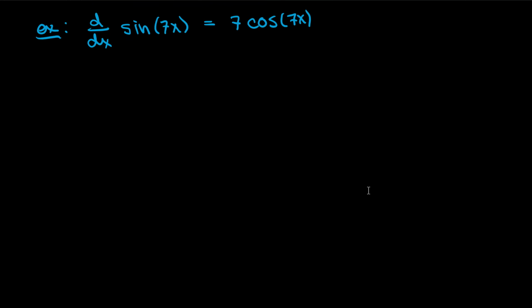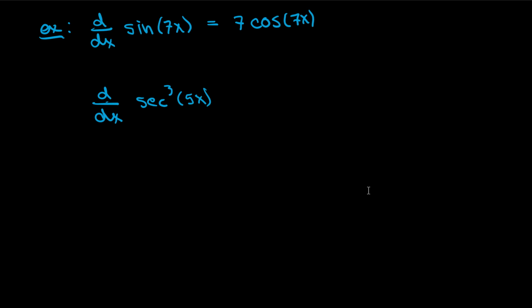If we had something like this, the derivative of secant cubed of, let's say, 5x. First, realize that this can be written as the secant of 5x, cubed, and right away you can spot hopefully that, yeah, that is a chain rule once again.